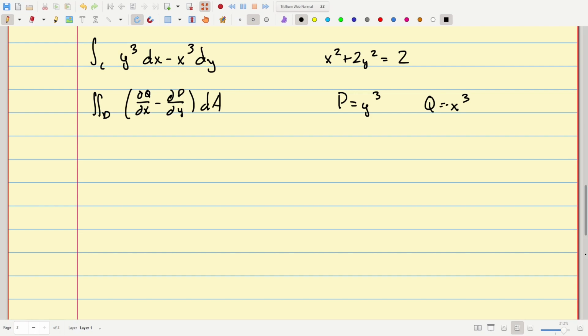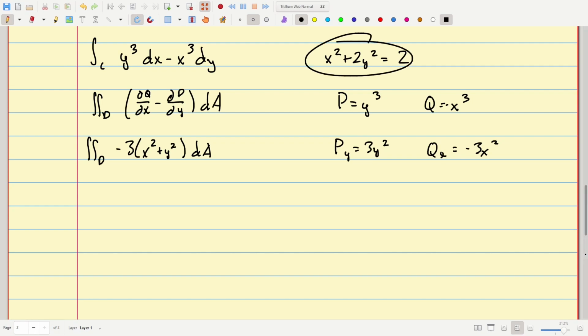If we do P partial y, we get 3y squared, and if we do Q partial x, we get negative 3x squared. Plugging it in, we get negative 3 times x squared plus y squared, with the negative 3 factored out. Make sense? That's the area integral we have to do.